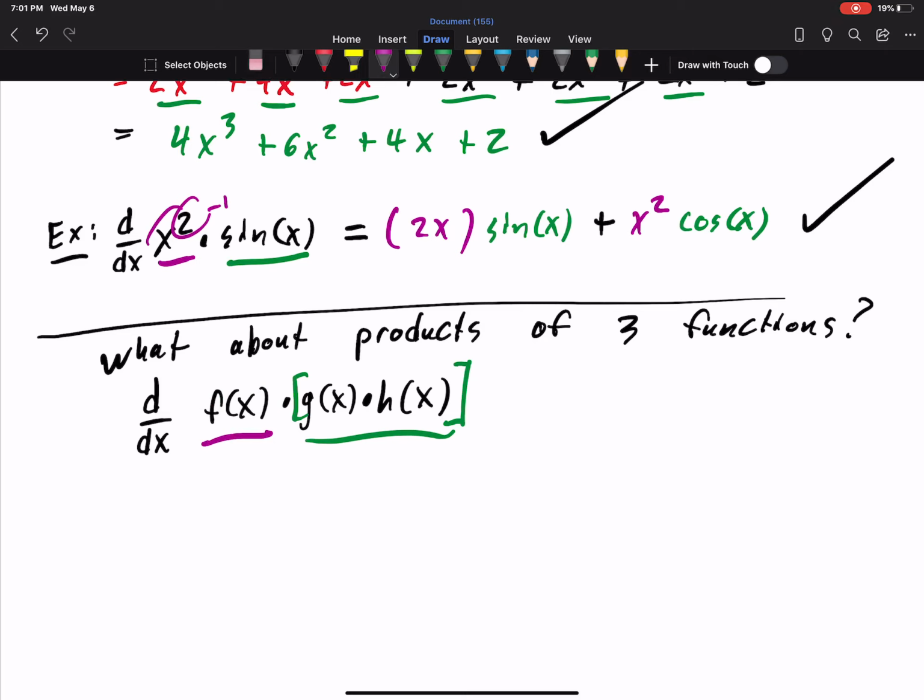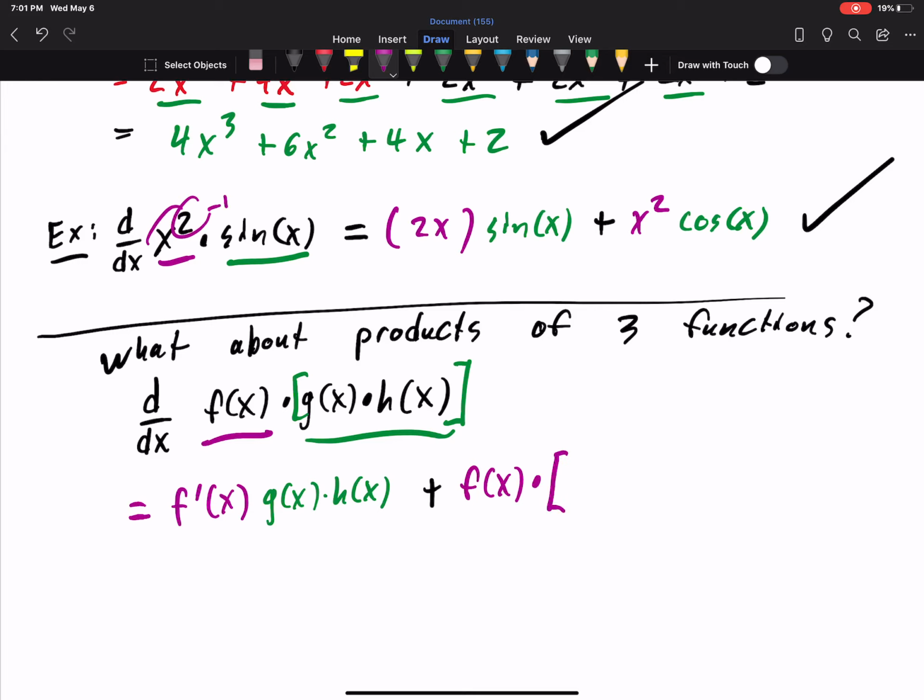Okay, let's derive the first function. The derivative of f is just f prime. Then you leave the entire second one alone. So you have g of x times h of x. Okay. Now we leave the first alone. So we have f of x. Now we need to derive the thing inside this green box.